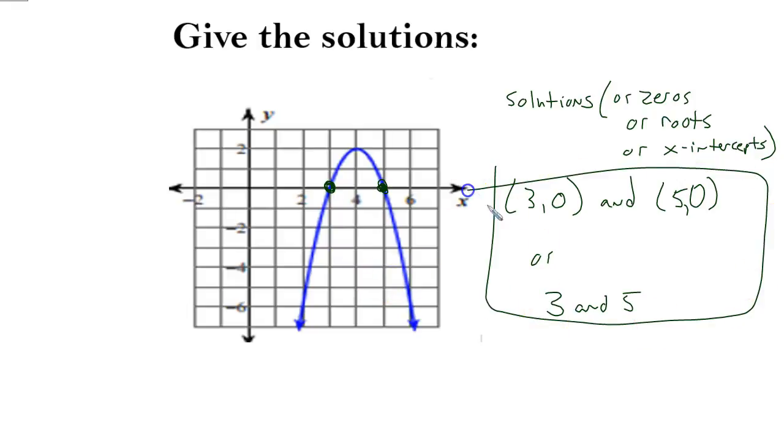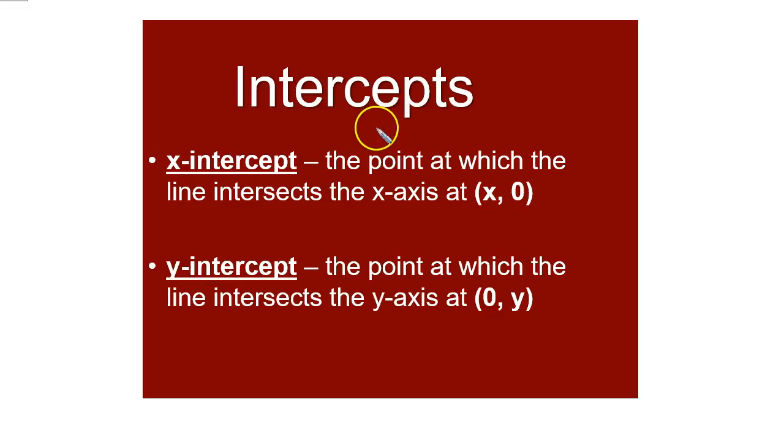So either of those ways to represent the answer would be found as coordinates, or as numbers on the x-axis. Those are the solutions. Again, intercepts are just where the graph, the function, crosses an axis. The x-intercept is where it crosses the x-axis. It's always going to be in the form of some number, 0, just like we saw a second ago.